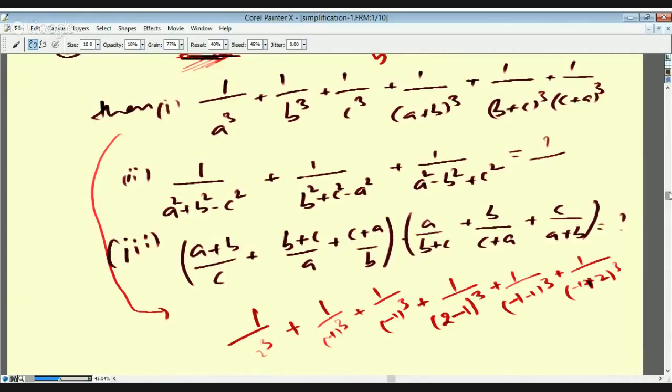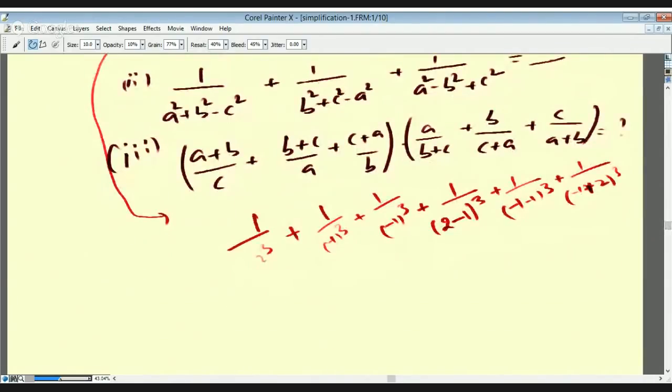What will happen? So here it is given as 1 by 8, and this is nothing but 1 by -1 cube, which is nothing but -1. So it will become -1. Plus 1 by 2 minus 1 is nothing but 1, and 1 by -2 cube is nothing but -8.